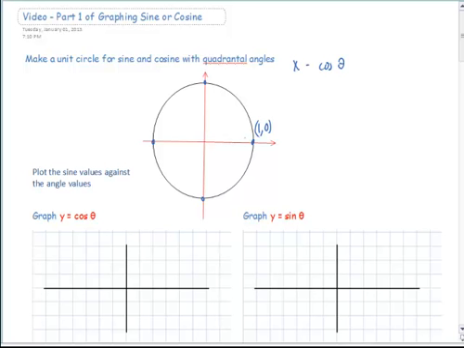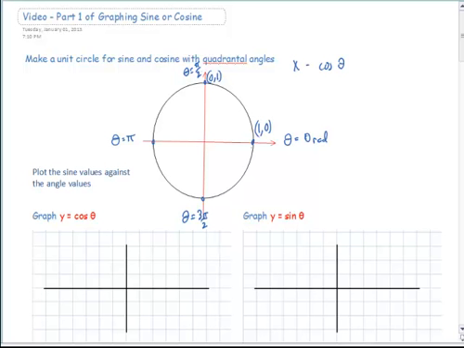So right here theta would equal 0 radians, and at this point here we have the coordinate 0, 1, and that angle theta would equal pi over 2 radians. At this angle over here theta would equal pi radians, and at this angle theta would equal 3 pi over 2 radians.